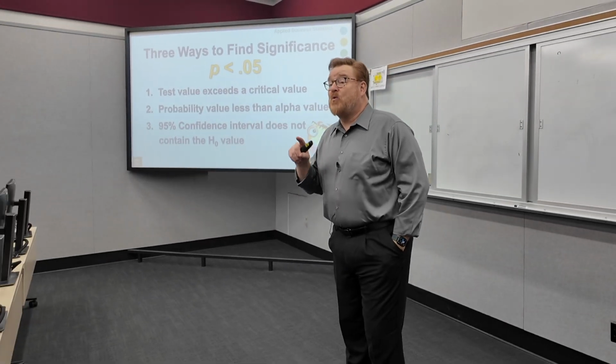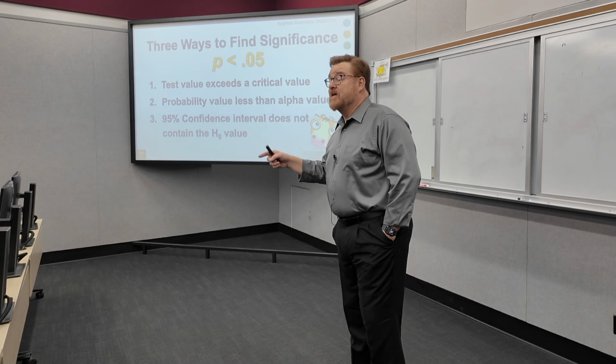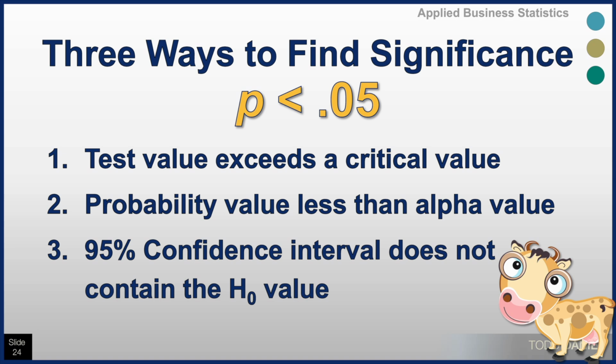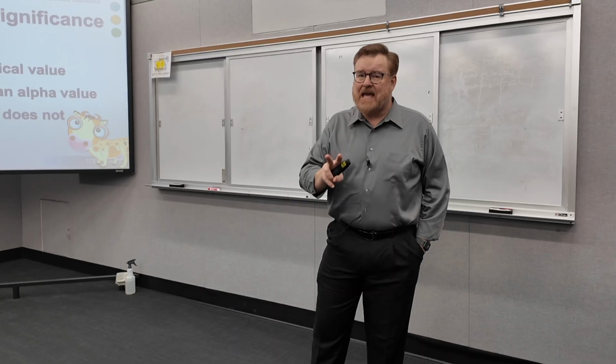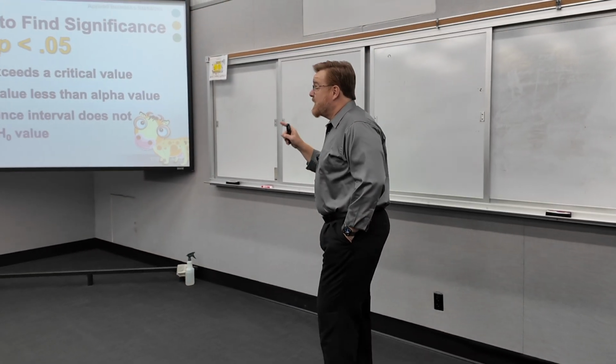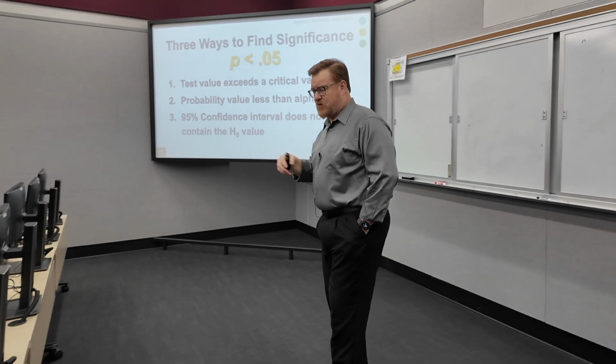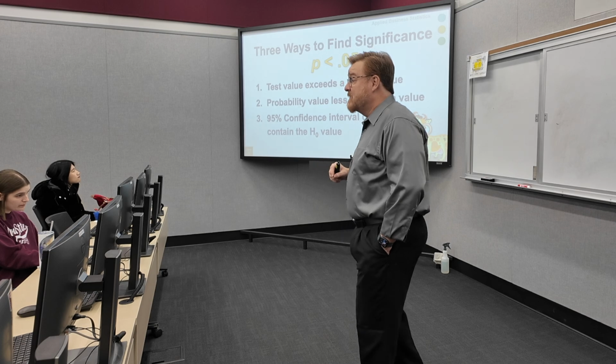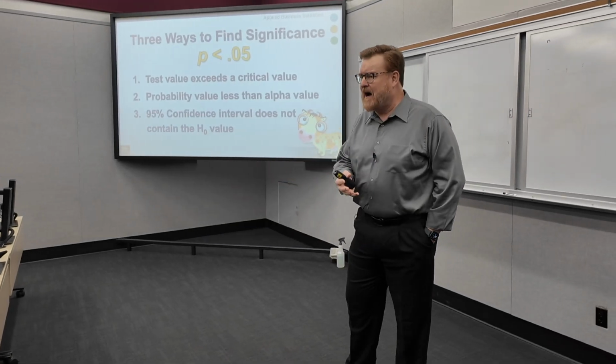Now here's the thing about p less than 0.05. There are multiple ways of interpreting this level of significance. The first is I could use that p less than 0.05 to establish a critical value, and I can then compare my test value to the critical value to see if the test value exceeds the critical value. The second approach would be looking at a probability that is created by Excel or by our statistical software and seeing whether that probability is less than 0.05.